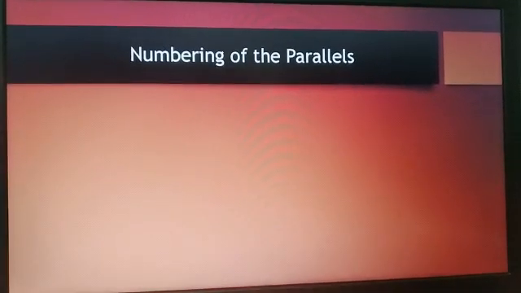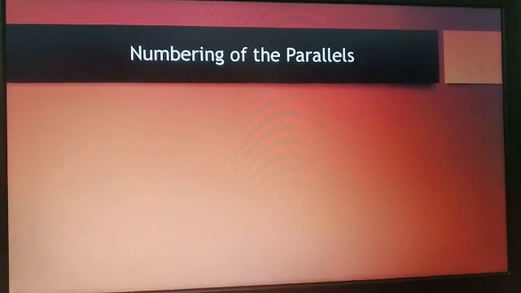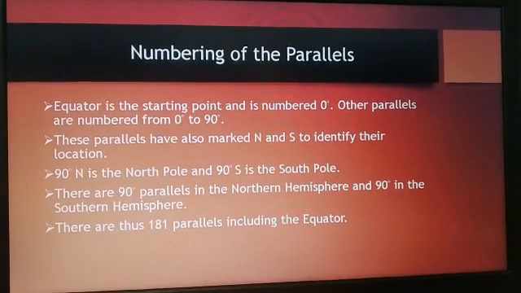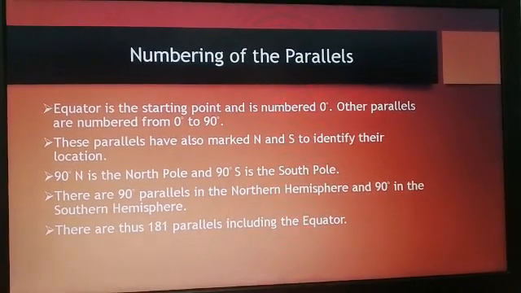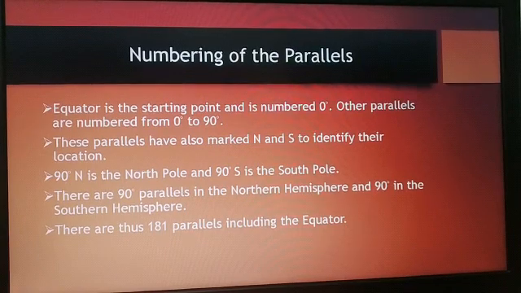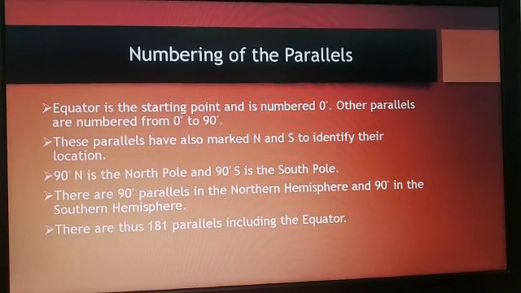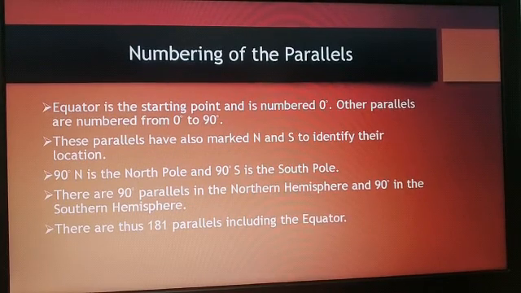Now let's learn how parallels are numbered. We start from the equator and mark it as 0 degree latitude. We mark the other parallels from 0 degree to 90 degree and also mark N for north and S for south according to their location.